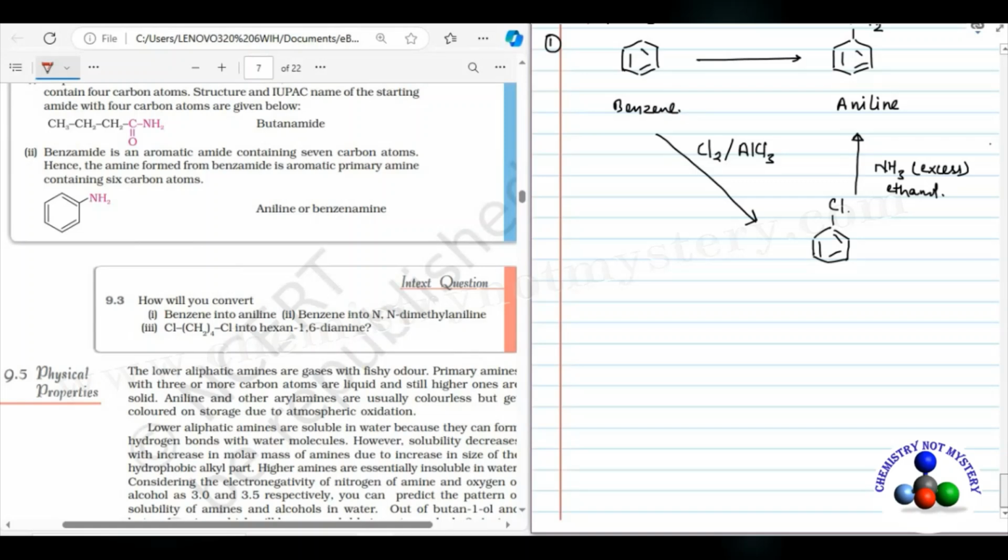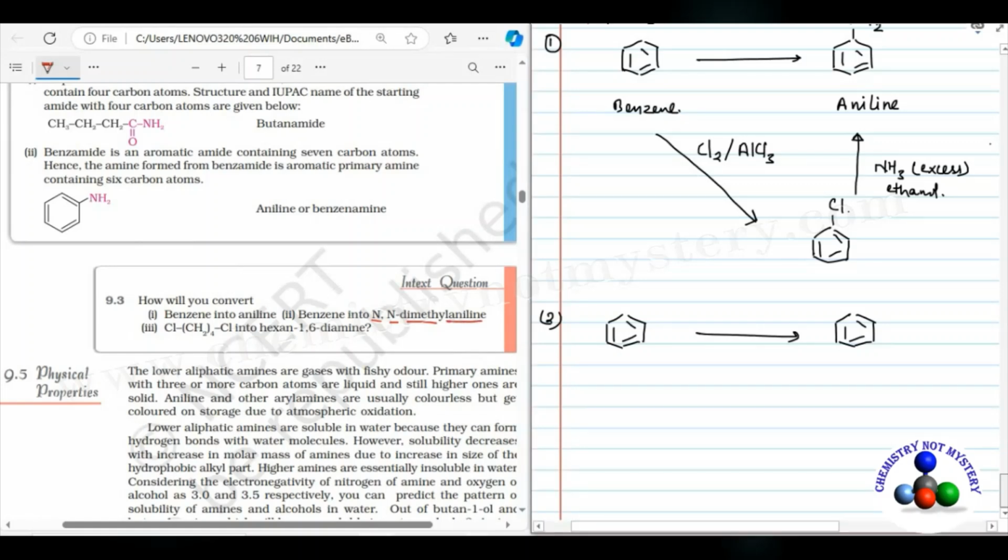Now come to the second question. Benzene into N,N-dimethyl aniline. Here let's draw the structure of the reactant and product, the starting material and the end product. Here this is benzene and here you have to prepare N,N-dimethyl aniline.